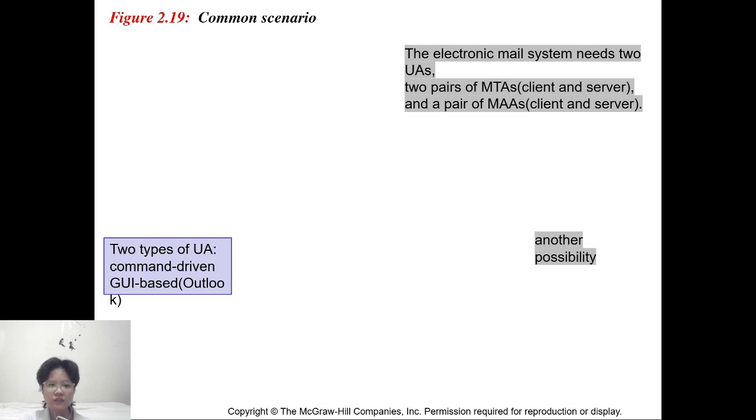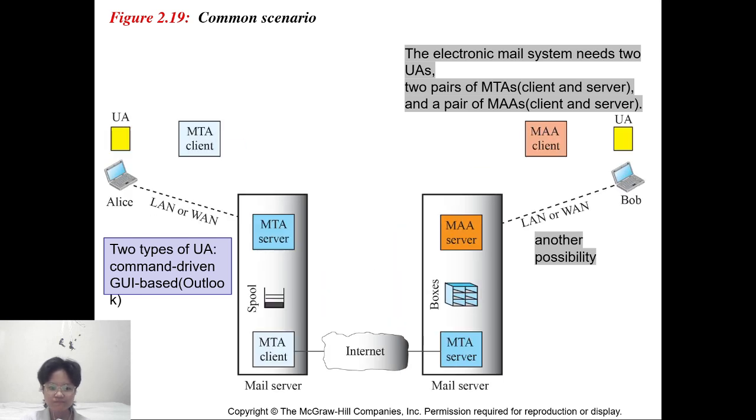In Figure 2.19, the common scenario. On the top, the electronic mail system needs to use two pairs of MTA client and server and a pair of MAA client and server.